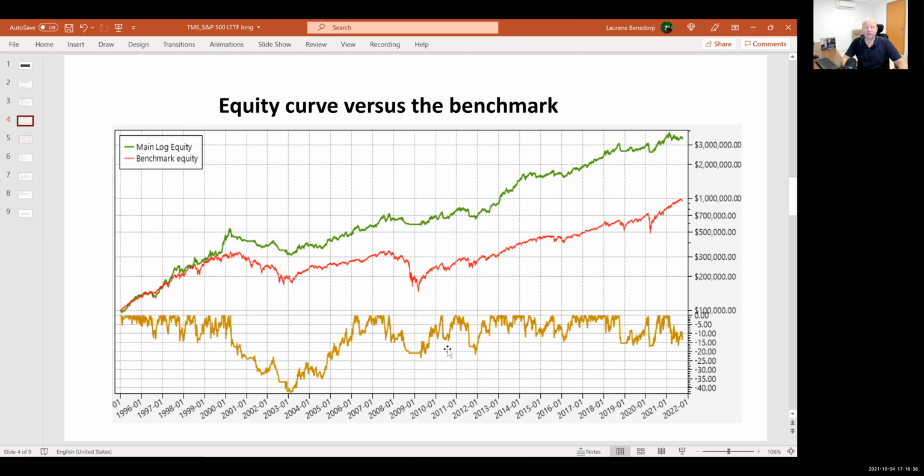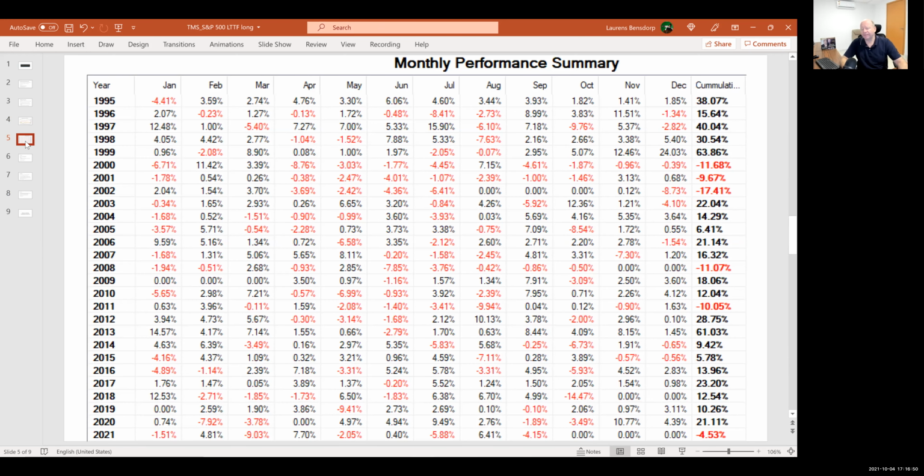But you see, it did a great job as well protecting you from events like in 2008, where the drawdown of the S&P 500 was a lot larger. And this is a good start if you just want to have a simple system that is easy to execute.